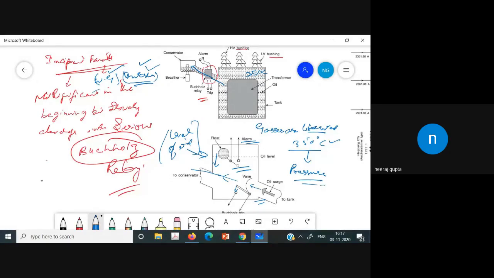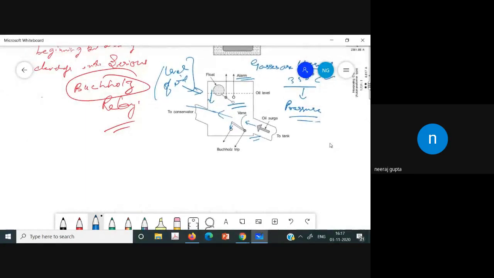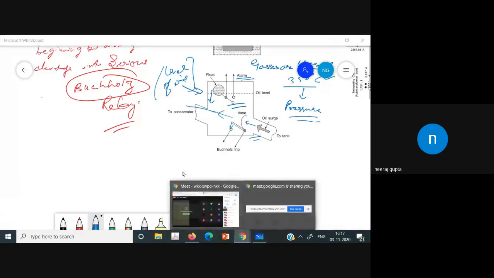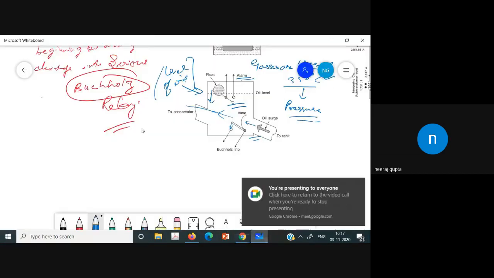Now, when the gases are coming out, we have to do the analysis of these gases, because that is how we know which gas is because of which fault. So how do we know which gas is because of which fault?